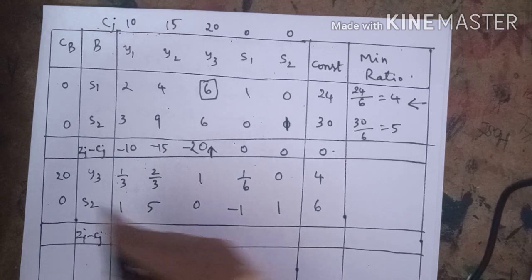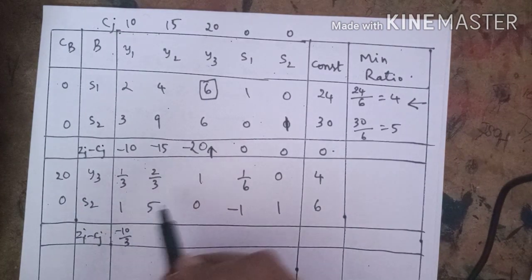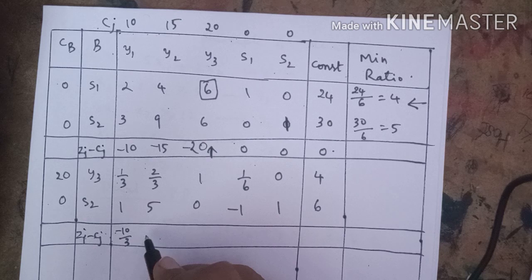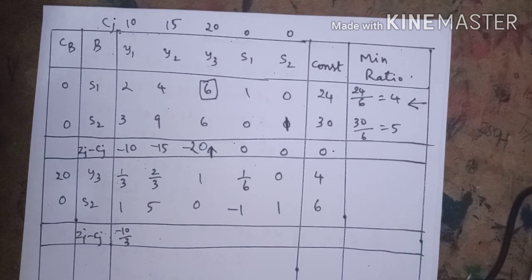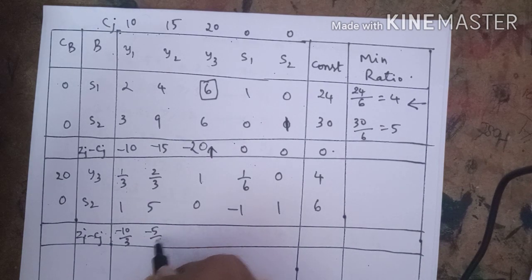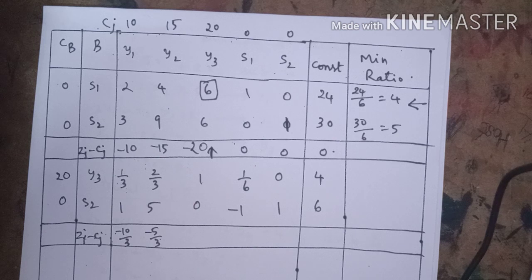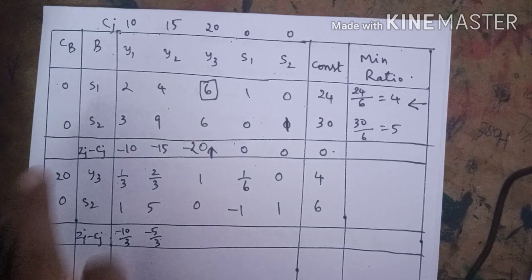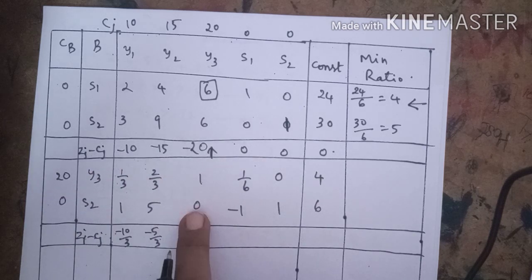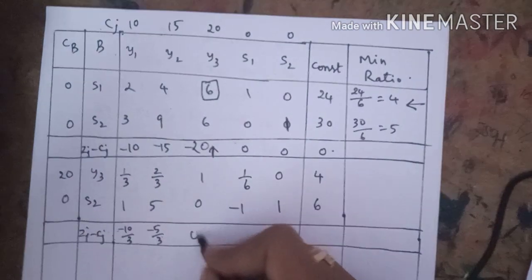In the same way, 20 into 2 by 3 plus 0 into 5 minus 15. How much will you get? If you simplify, minus 5 by 3. The next element: 20 into 1 plus 0 into 0 minus 20, that is 0.